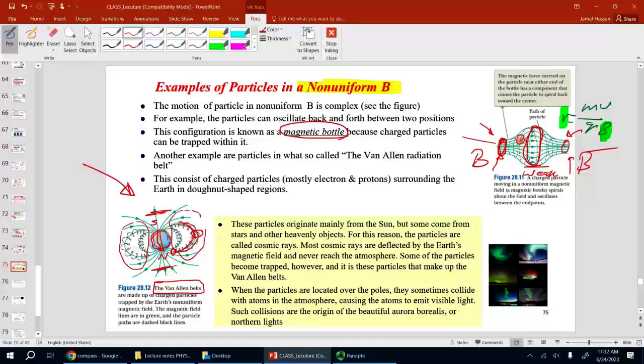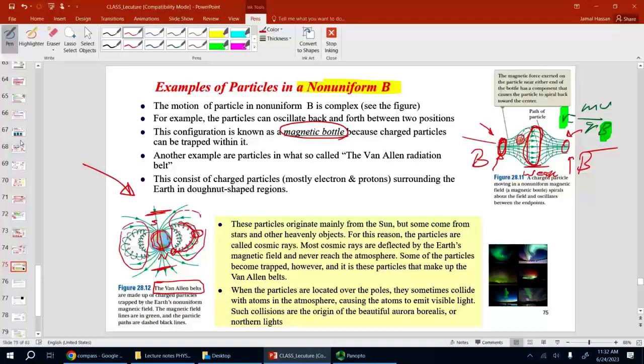Because we evolved for millions of years, we have a certain threshold we can tolerate of receiving those cosmic rays. But if you get too many of those, things happen. That's why when people go into space, they have a special suit to protect them from these harmful, high energy particles.